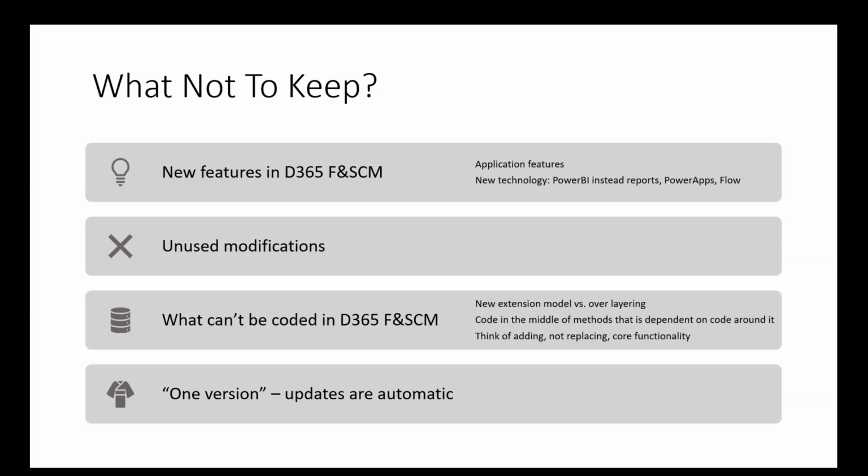And then obviously the one version: remember, updates are automatic now in the background. So when you're designing applications around this environment, make sure they are resilient to those updates. Those are the extensions that we do and the best practices that we follow for coding and creation of objects inside of the environment that really drive that.